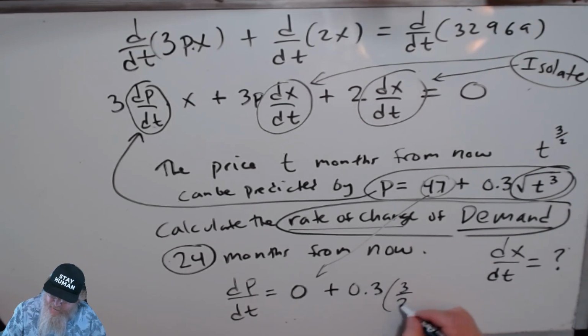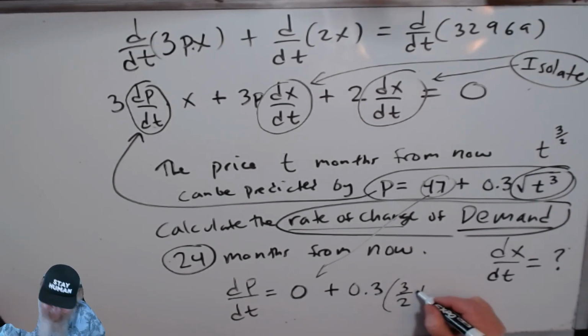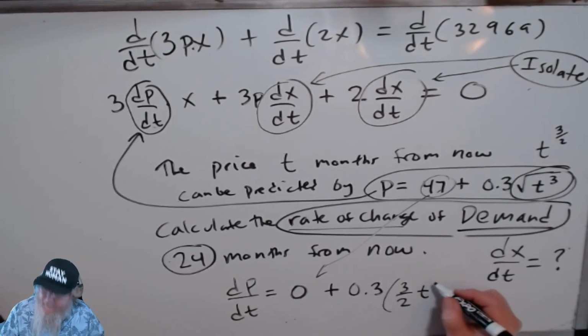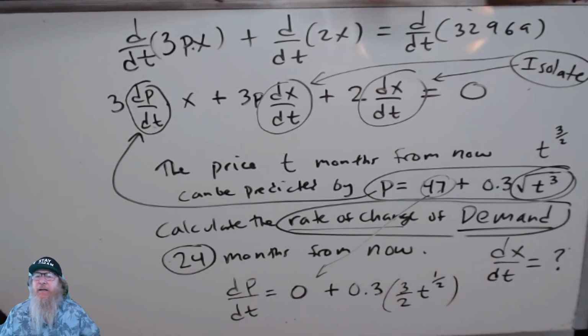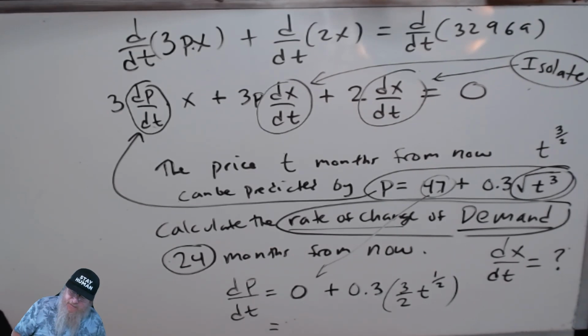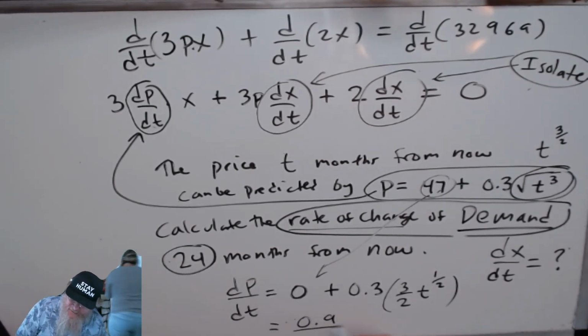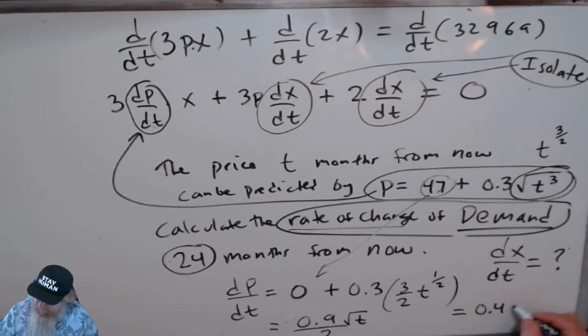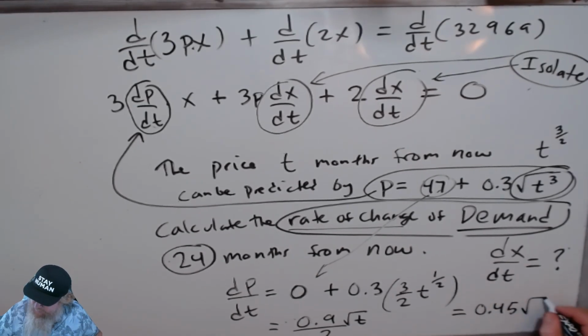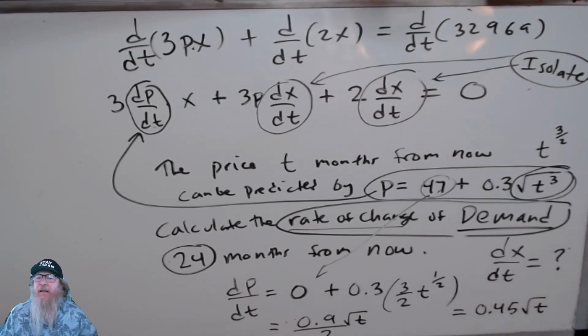So that's 3/2 t to the 1/2. So that's going to be 0.9 over 2 square root of t, which is 0.45 square root of t.